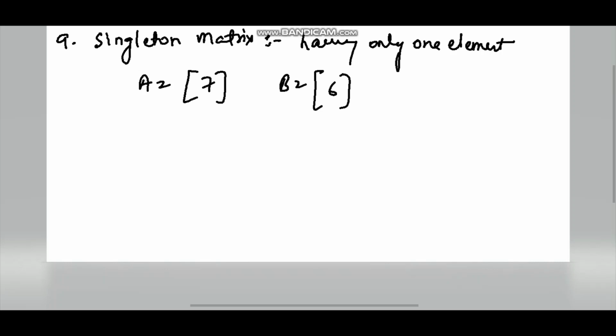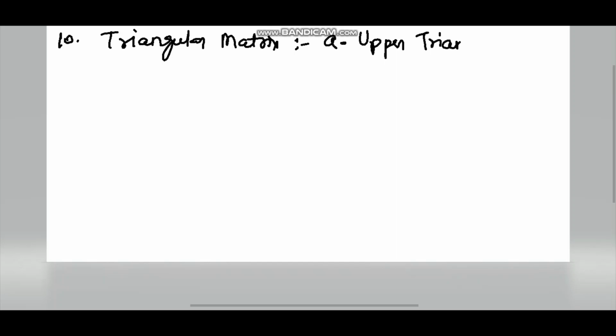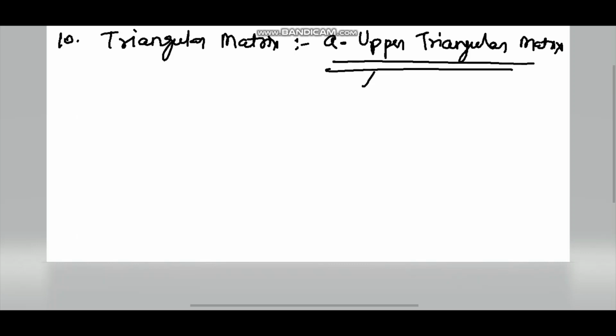Now move on to the most important topic. The most important type is the triangular matrix. Here we have two types. The first is the upper triangular matrix. What is an upper triangular matrix?